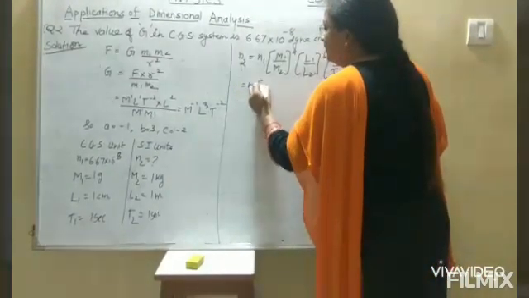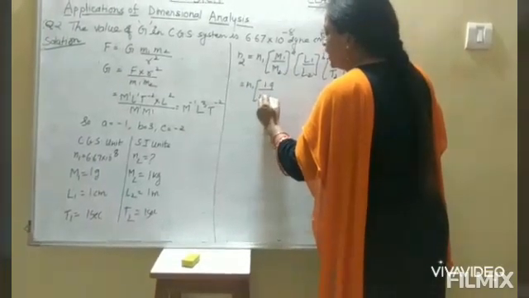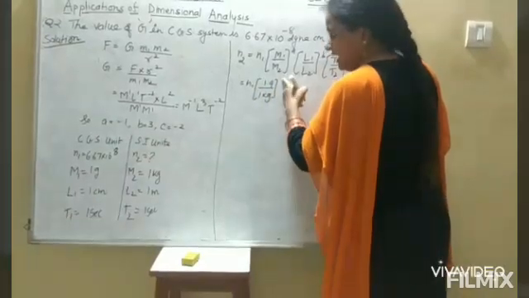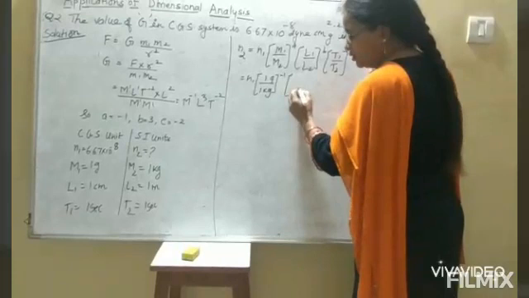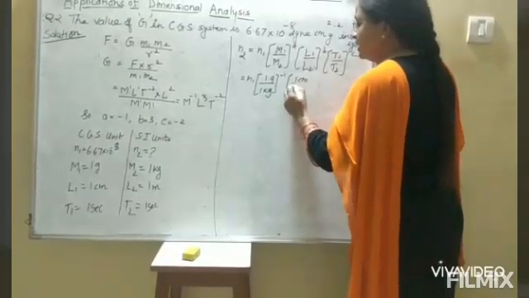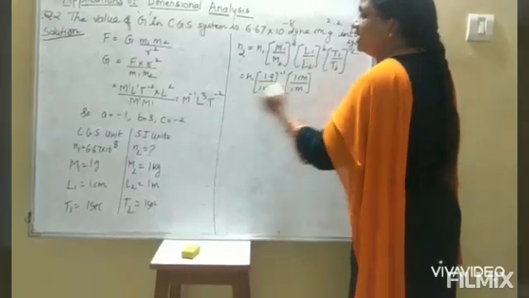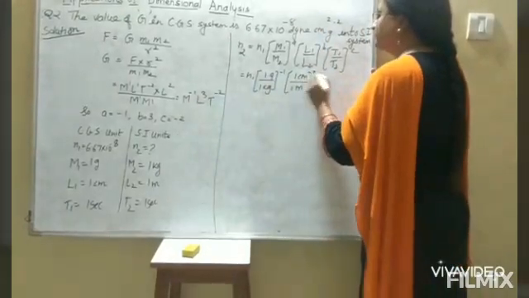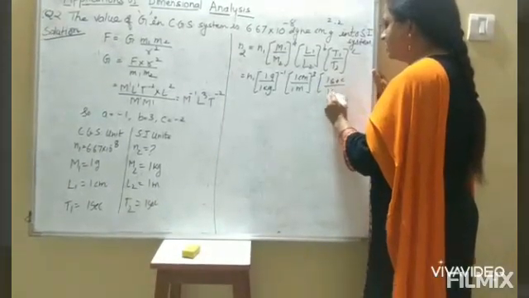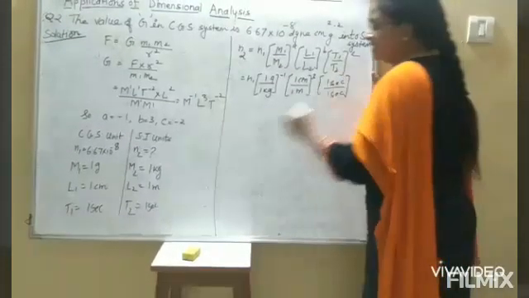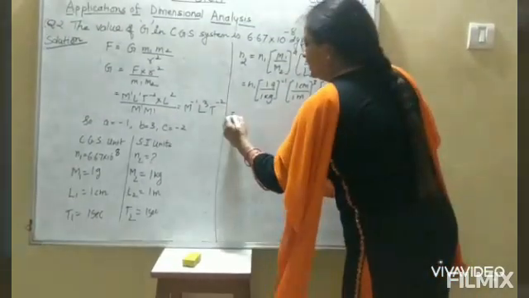So here n1, into 1 gram upon 1 kilogram raised to power a, that means raised to power minus 1, into L1 upon L2, 1 centimeter upon 1 meter, raised to power b, and the value of b is 3, and T1 upon T2, that is 1 second upon 1 second, raised to power c, and the value of c is minus 2. Now you just simplify.